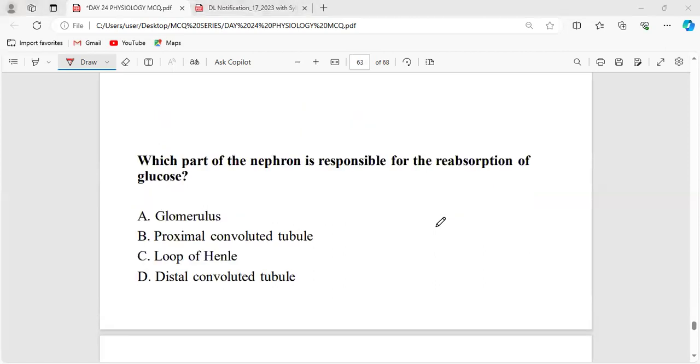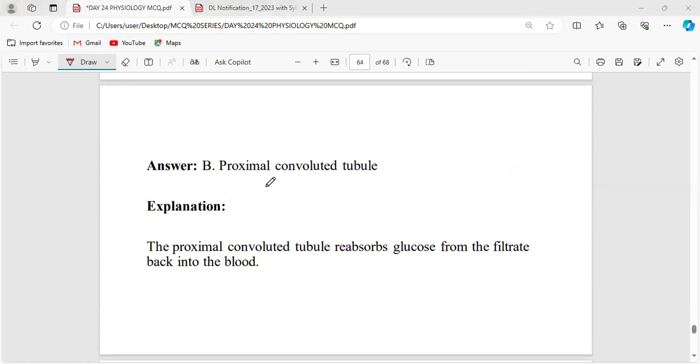Okay. Now, which part of the nephron is responsible for reabsorption of glucose? That has to be reabsorbed at the first stage itself, because glucose is very, very important. So that will be done in the proximal convoluted tubule itself.